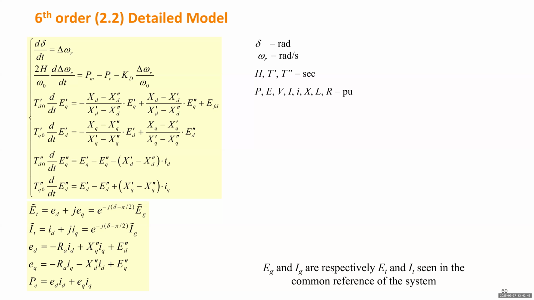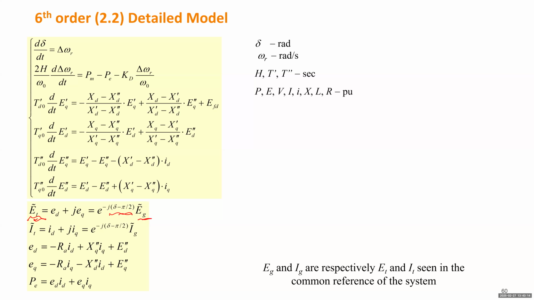But if you take a look at the equation, it doesn't do anything. Okay, the left-hand side is just the definition of the terminal voltage and current as phasor. And the right-hand side just tells that a phasor can be represented by another phasor. So you have the voltage phasor, and it's similar to another voltage phasor, we call it EG. But the difference is only changed by a certain angle, multiplied by an exponential function of an imaginary number.